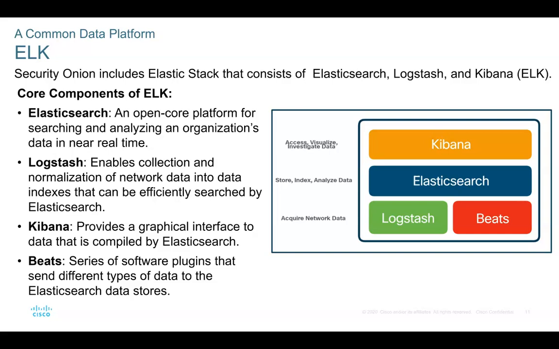The index is there to aggregate everything together. And then you have Kibana, which gives us a graphical interface to the data that has been searched. You can also have Beats, which is a series of software plugins that sends different information to the Elasticsearch data stores. So please take a picture of this as well.